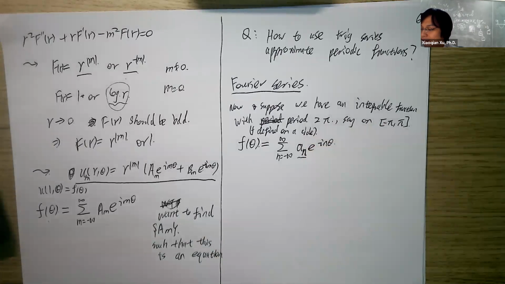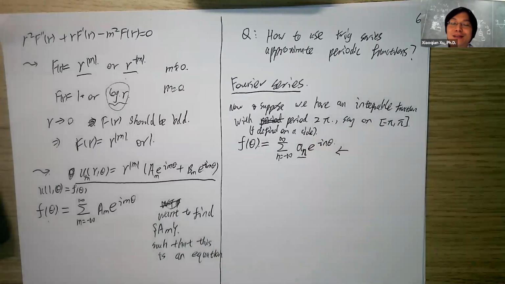So let's assume you already have f of theta expanded as the sum of an times e to the i n theta. And now is something I'm not pretty sure whether you knew before, which is in what sense the right-hand side equals the left-hand side.